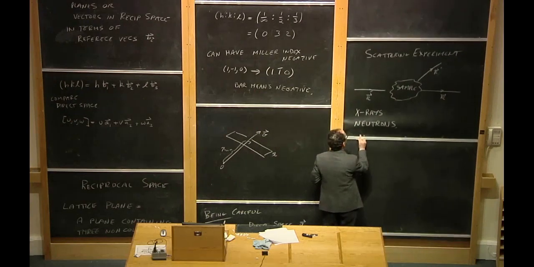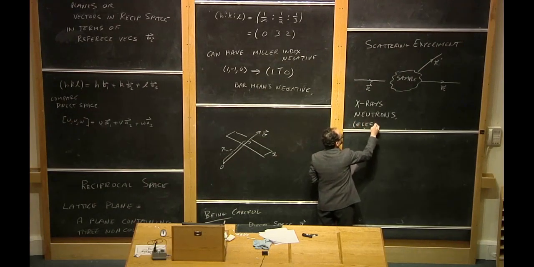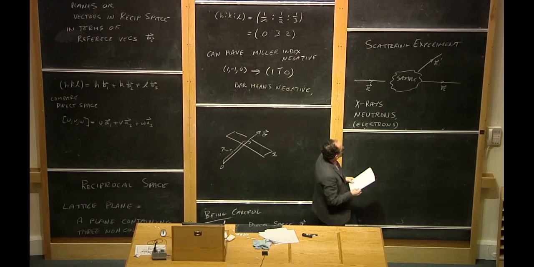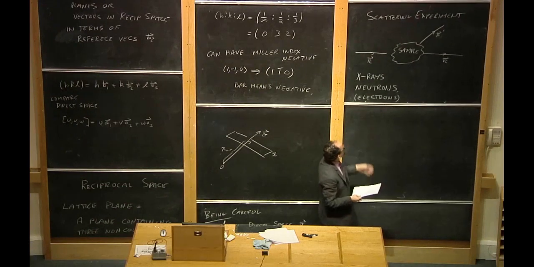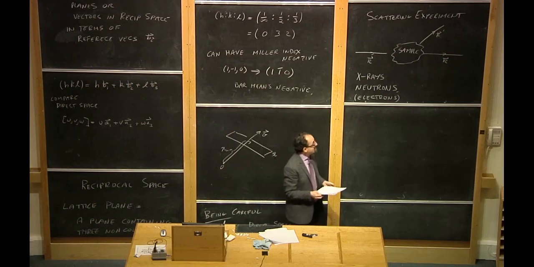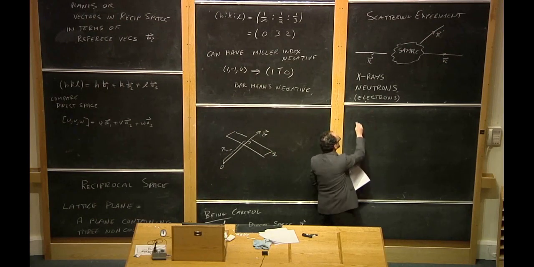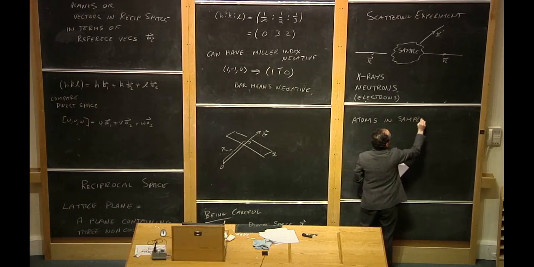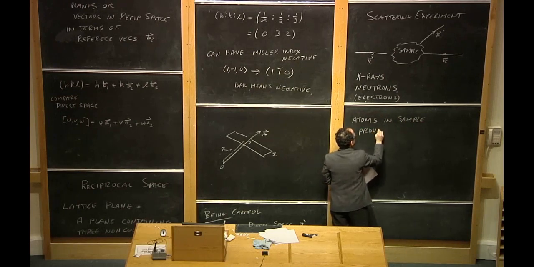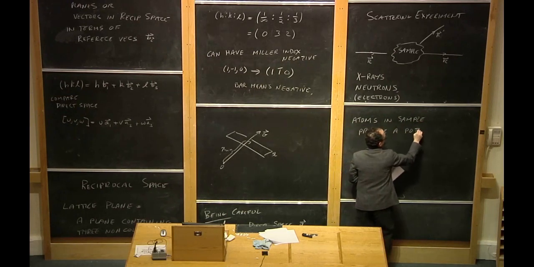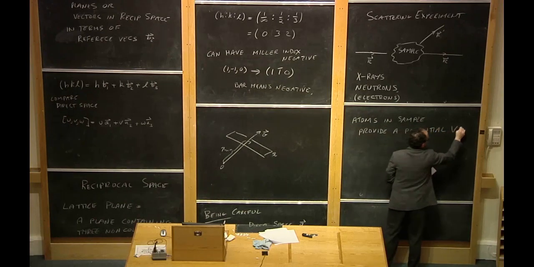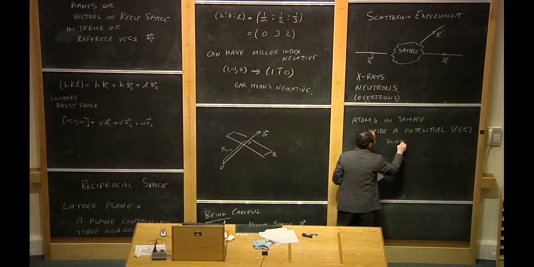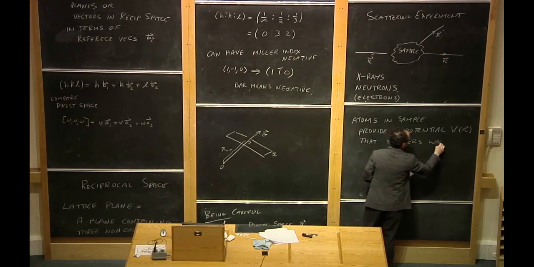I should mention that people frequently use electron waves as well, but we don't study them this year because they have some complications which we don't want to delve into. So whatever type of wave we send into our material, the thing that we're supposed to imagine is that the atoms in the sample provide a potential V of r that scatters the wave.